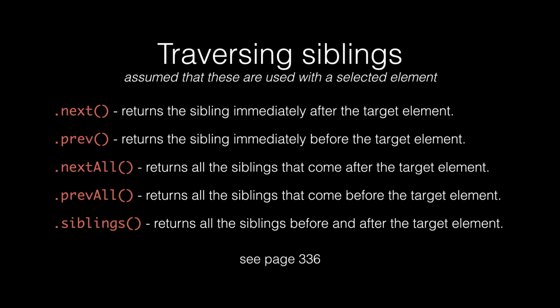But if there's 15 or 5,000, you would get all of those, as opposed to the first two on this list, where we only would get the immediately adjacent one. And then .siblings returns all the siblings that are before and after the target element. So you might need only the ones that come after, only the ones that come before, or all of the siblings, regardless of whether they're before or after. So you have utilities for doing each of those operations.